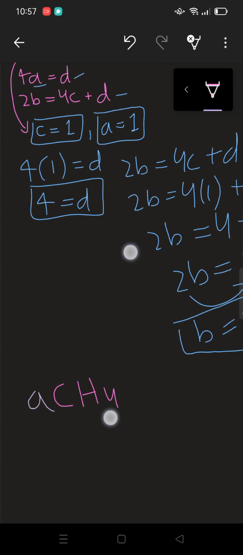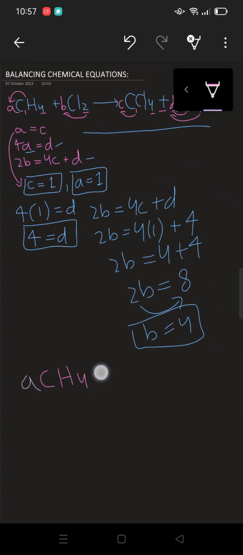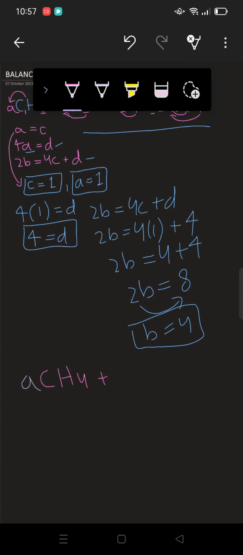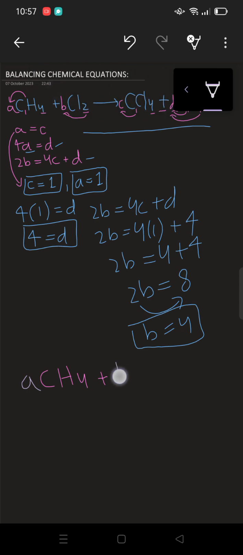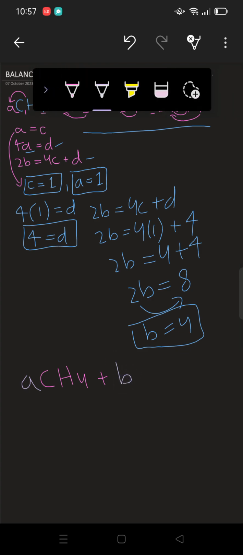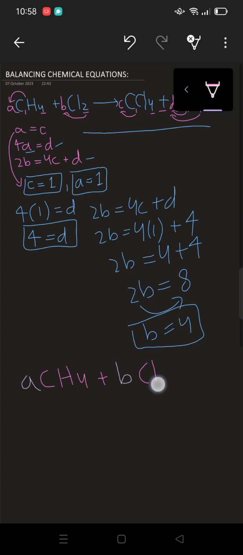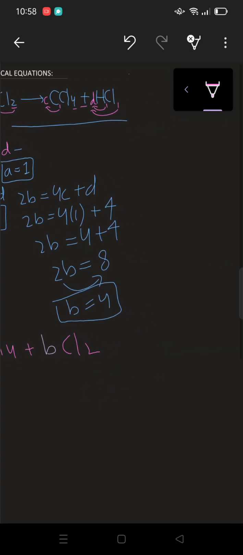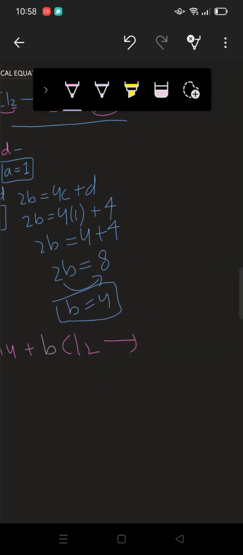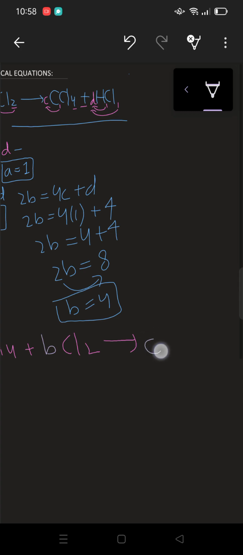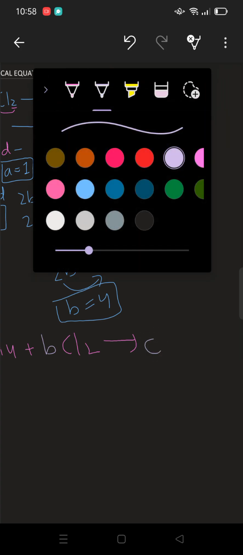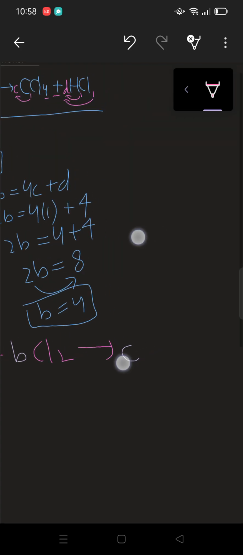CH4, right, methane, plus again the variable B, and Cl2, writing the coefficient in another color, C. I am doing nothing, but rewriting this equation.